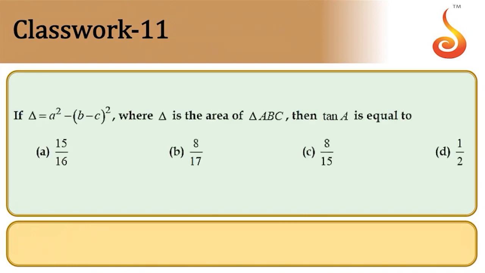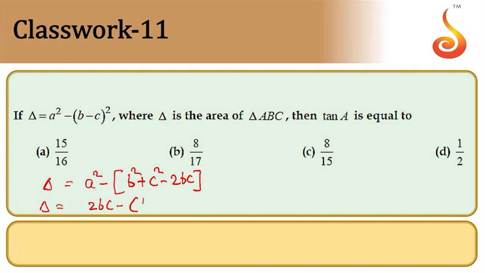Example 11. Triangle: a square minus (b minus c) whole square, triangle area is delta, you have to find tan A. So we expand, we get a square minus b square plus c square minus 2bc, equal to delta given to you. So delta is equal to 2bc minus (b square plus c square minus a square).